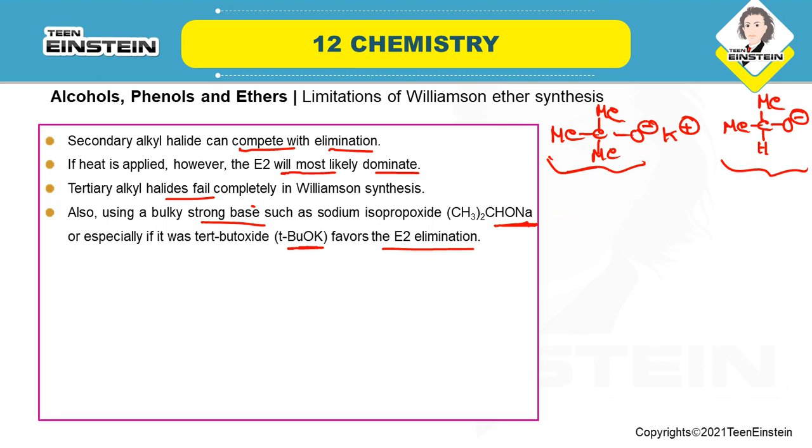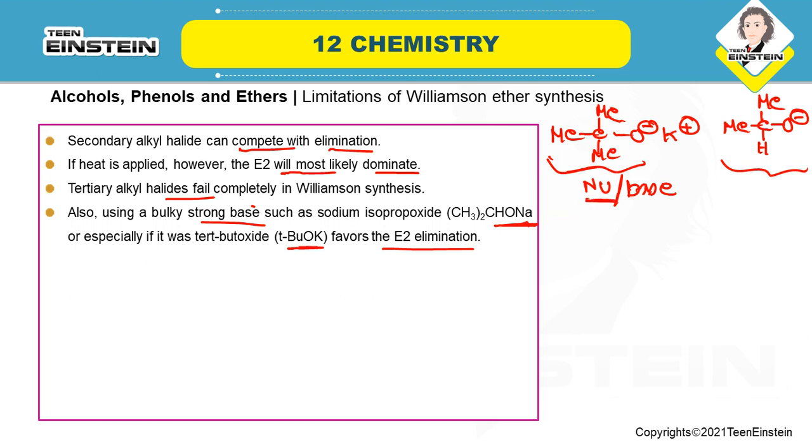But if it is behaving as base, not nucleophile, then the problem will arise, because rather than acting as nucleophile, it will capture hydrogen. That is not wanted, and when it captures acidic hydrogen, there is a chance of elimination. The same species can behave as nucleophile as well as base, because both are electron rich species. But remember, there is a difference.